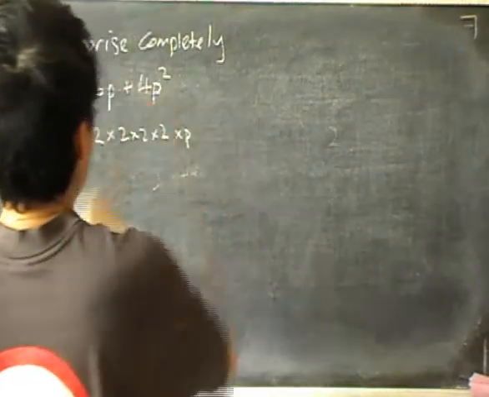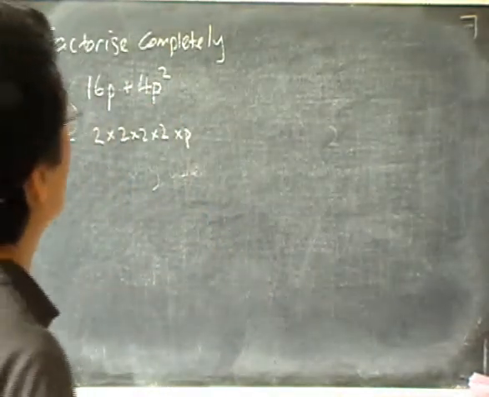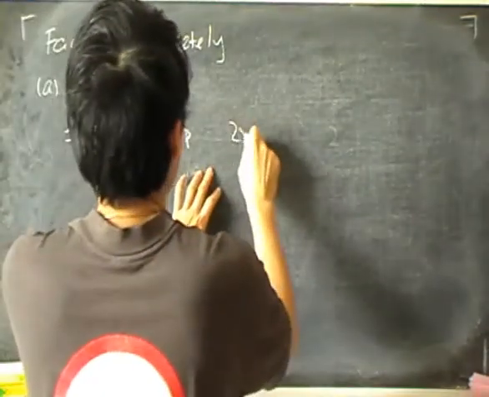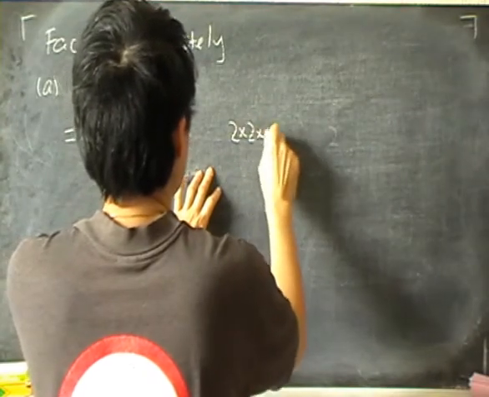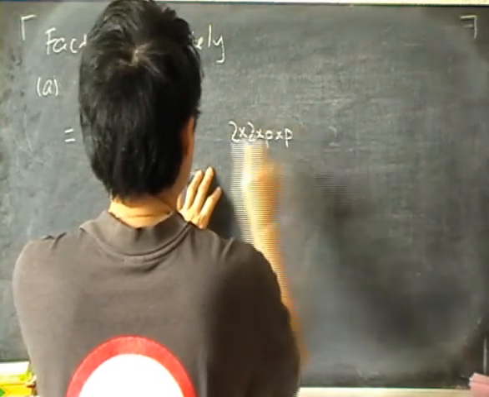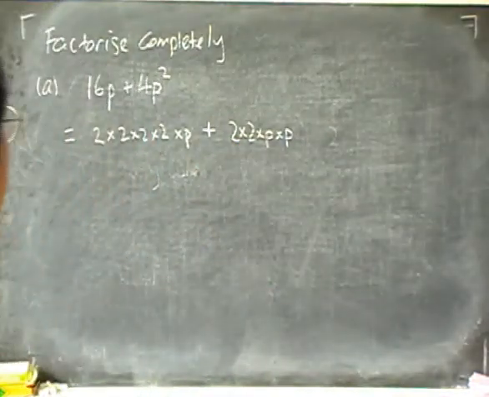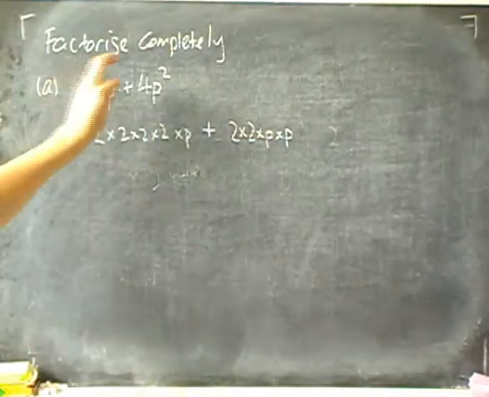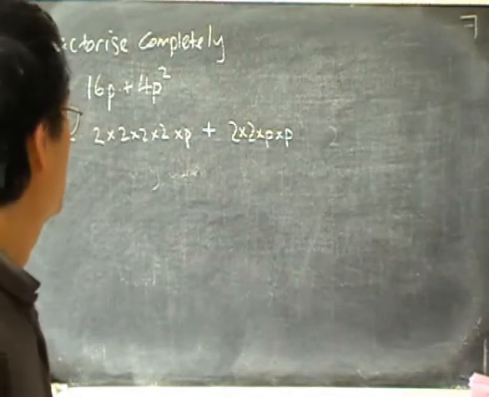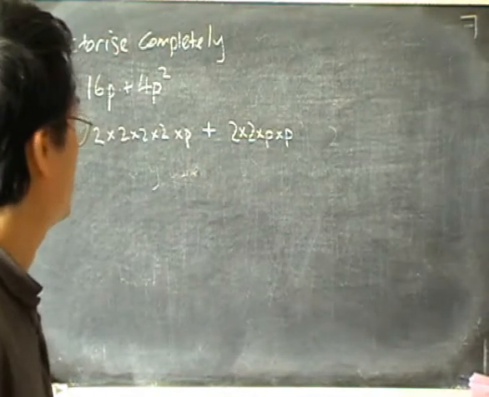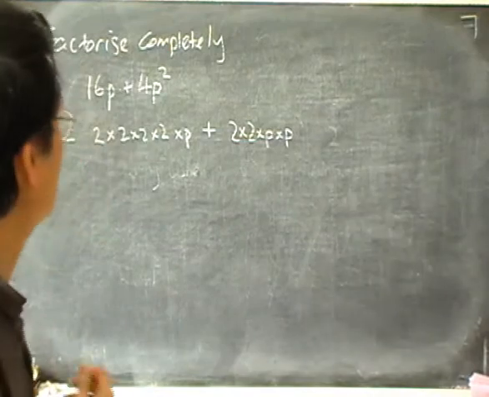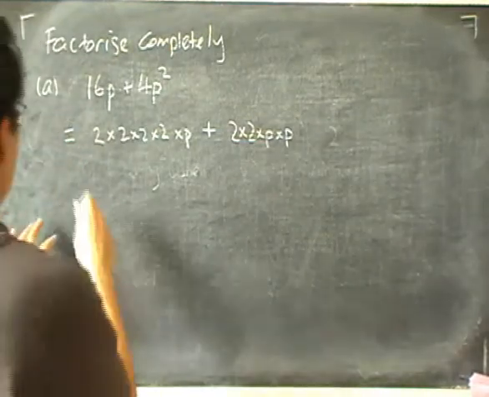And the 4p squared would be 2 times 2 times p times p, added together. So I've separated each term into the smallest factors I can have.